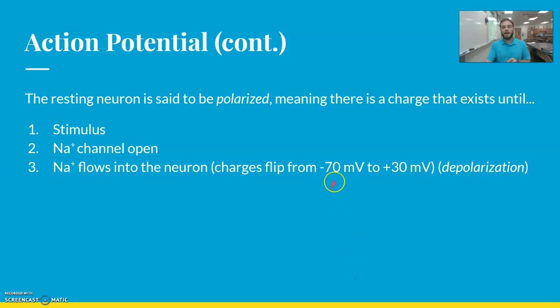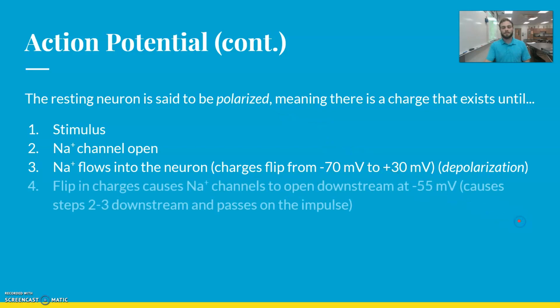In fact, it goes from negative 70 millivolts to a positive 30 millivolts. So we call this a depolarization. We are losing the charge that it has at rest. This depolarization is going to occur only on a certain part of the dendrite that is receiving the stimulus.